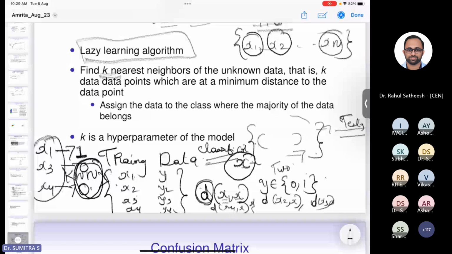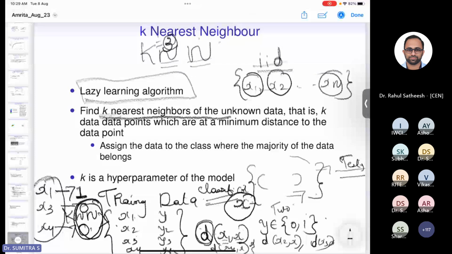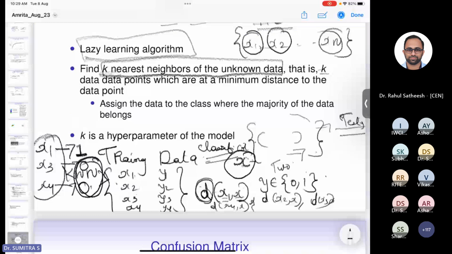When a new data point comes, it will find the K nearest neighbors of the unknown data. If I put K equals 3, it will find 3 data points at minimum distance to the given point, and we decide the class by majority decision. Here K is the hyperparameter.